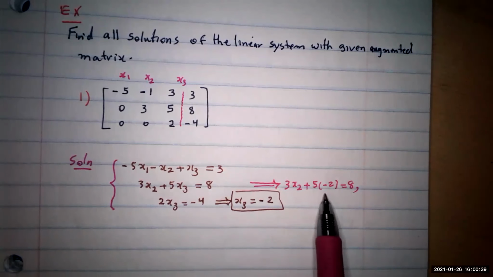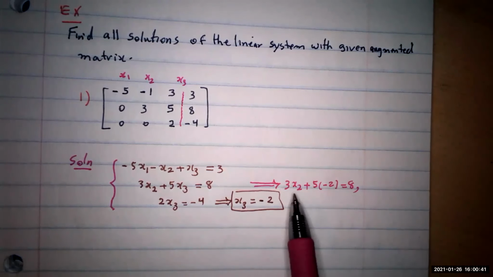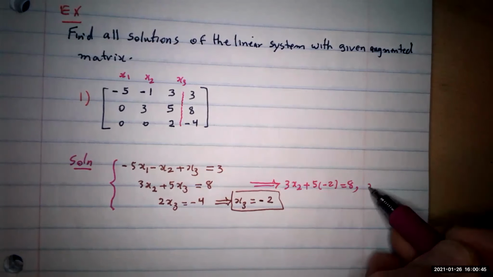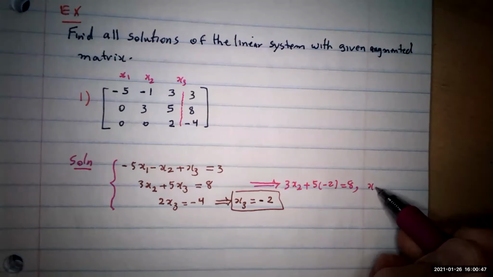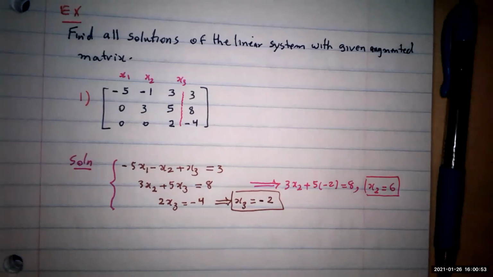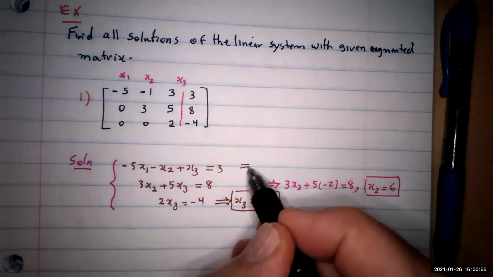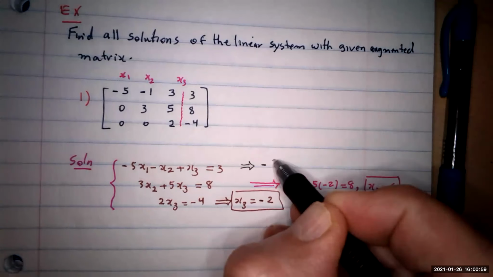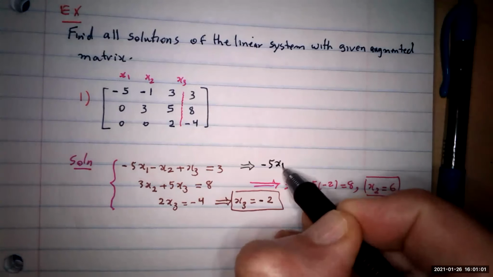That would be -10, which gives us 18. 18 divided by 3 gives us 6. So x2 is equal to 6 from the second one. If you put all of them into the first one, -5x1 is the missing one.